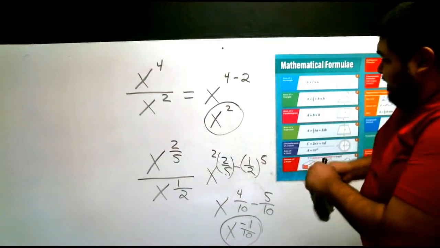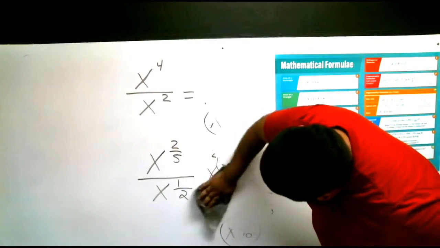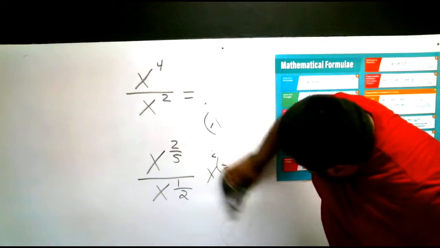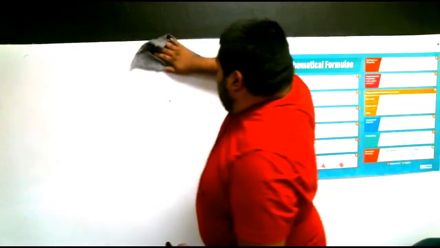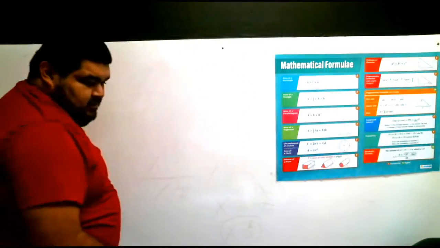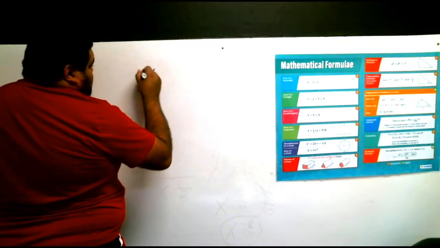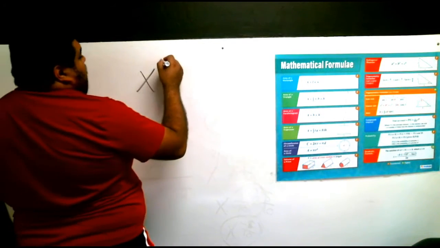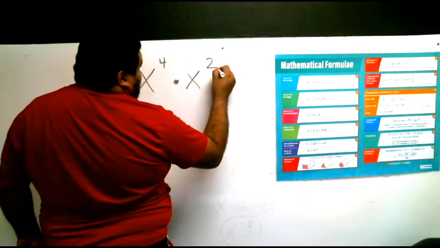All right, now that you have it down, your assignment for today is: x to the 4 times x to the 2.